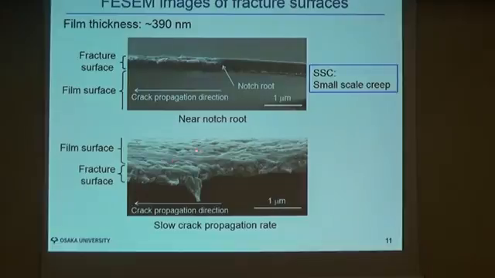So the region of creep deformation is several micrometers away from the crack path. So this suggested that the crack propagated accompanied by large creep deformation around the crack tip. So in other words, the crack propagated under the large-scale creep condition in this case.